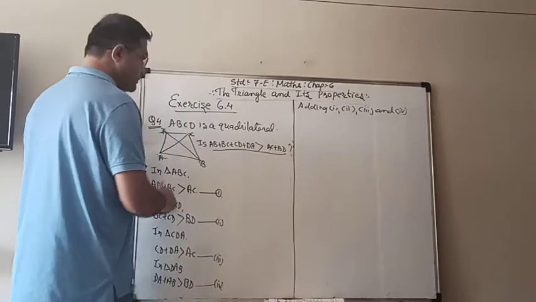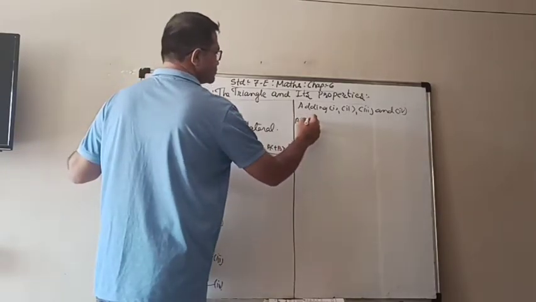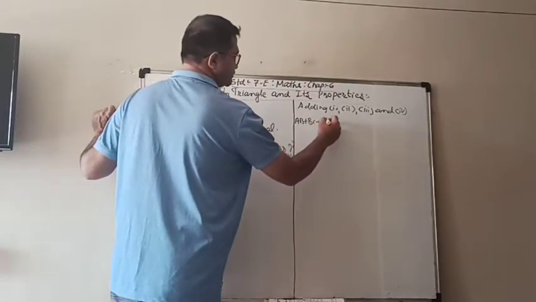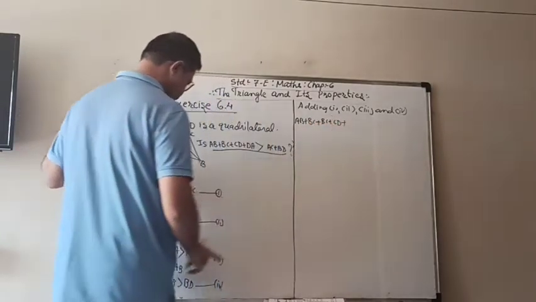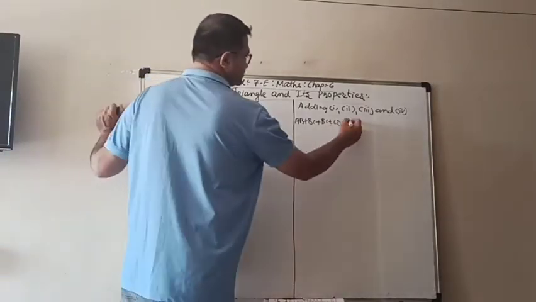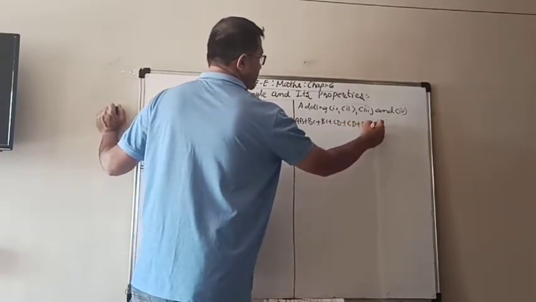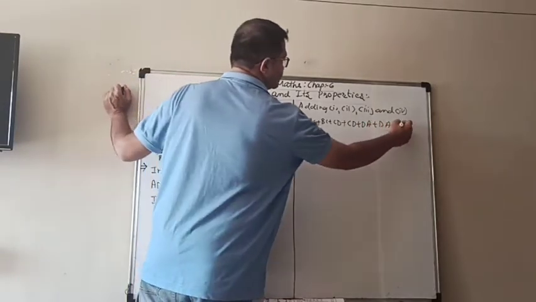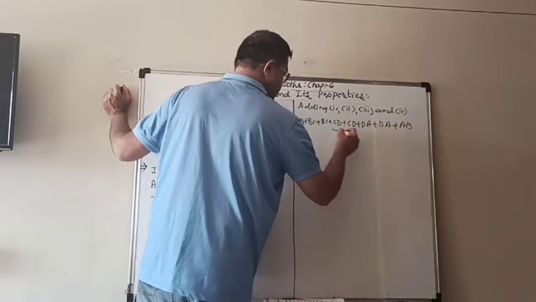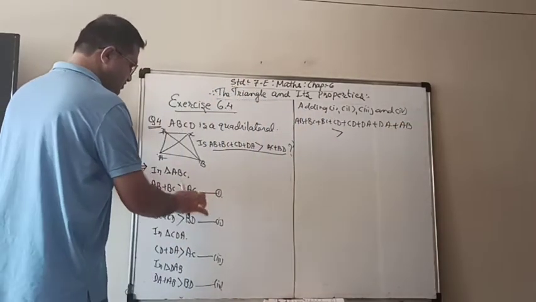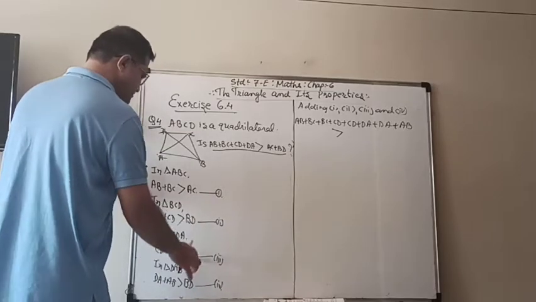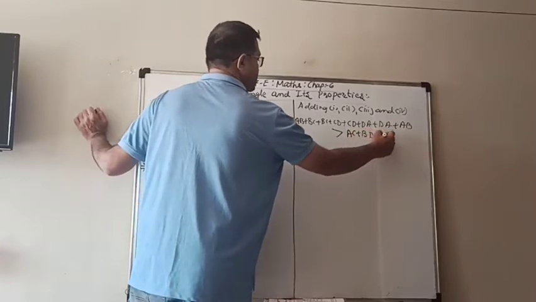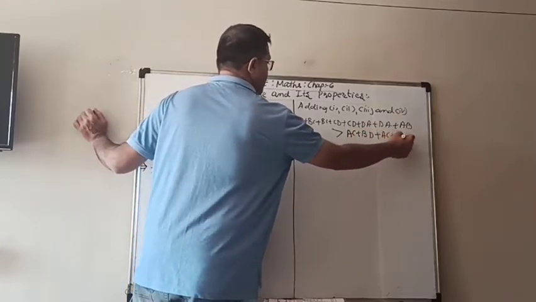So first here is AB plus BC, plus BC plus CD, plus CD plus DA, plus DA plus AB, which is greater than, now these 4, AC plus BD plus AC plus BD, AC plus BD plus AC plus BD.